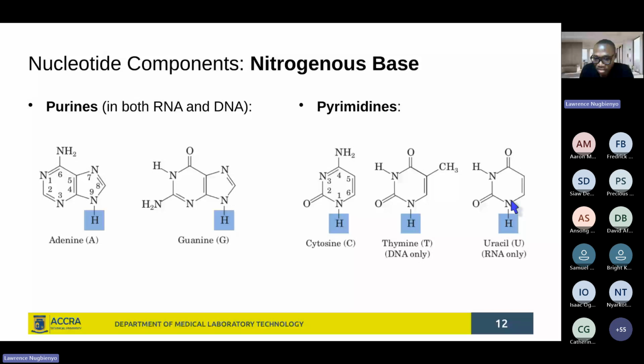You don't find it in DNA. I think you did something concerning that already in the first year. Even in SS, I remember some students I taught mentioned that yes, they learned something about thymine in DNA and uracil in RNA.